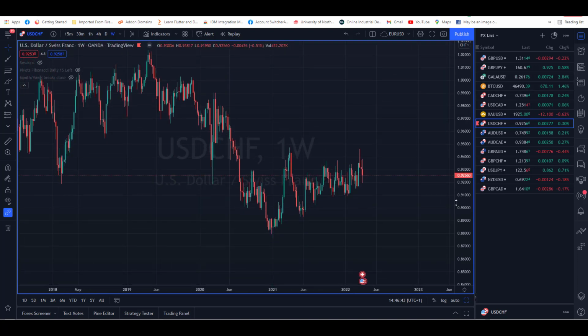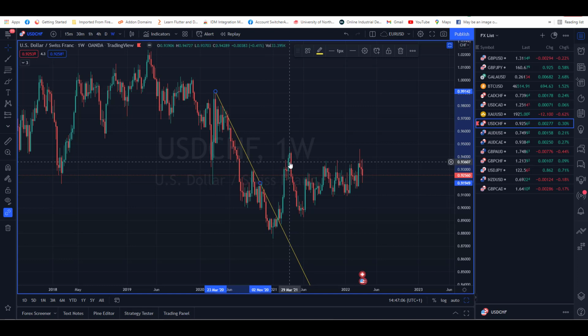And as you guys know, we do a top-down analysis starting from the weekly. Since we are day traders, I like to have a better overview first before we go down to our lower time frame. So on the weekly here, you observe that the USDCHF has been trending down for some time, and boom, we had this break, right?